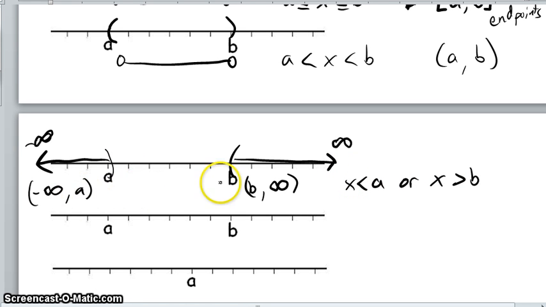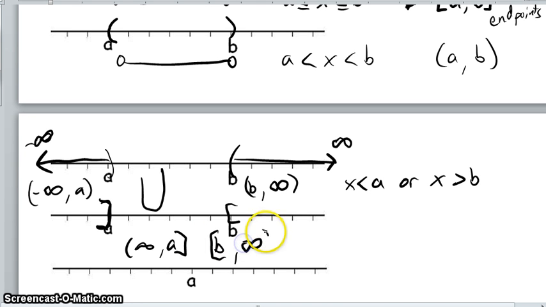And you might say, well, there's two intervals. How can I say one or the other? You put a big U in between them. Now the only difference between this and these brackets is the symbol that you use. You would have the infinity sign and you would use close brackets instead. Okay.